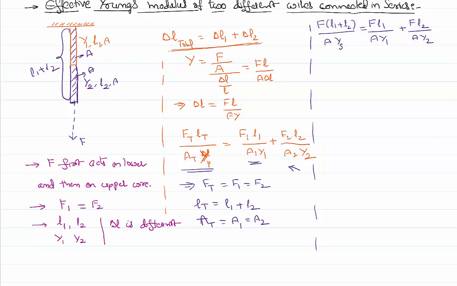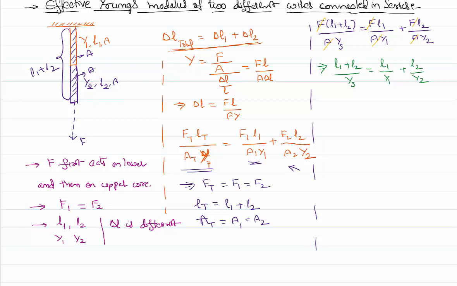So it's very clear that I can cancel these F's and these areas also. So what's remaining? L1 plus L2 by Y series equals L1 by Y1 plus L2 by Y2.